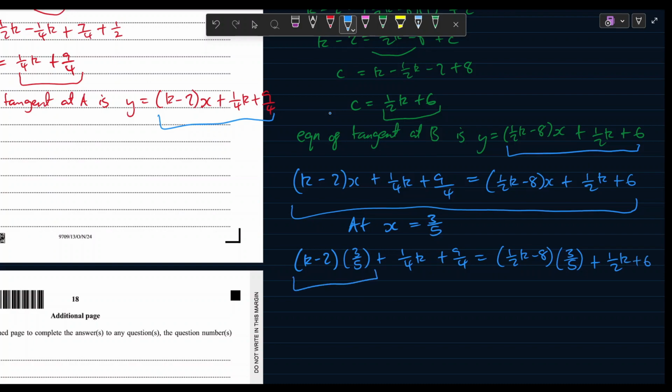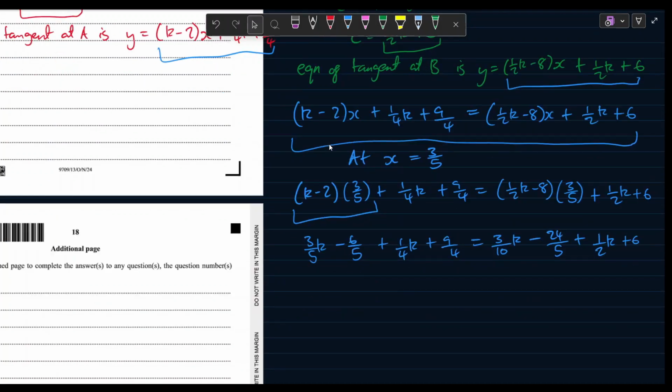Okay, let's expand this. That's going to be 3 over 5 k. Then 3 over 5 times -2, so -6 over 5, plus 1/4 k plus 9 over 4 is equal to 3 over 5 times half k, so that's 3 over 10 k, minus 8 times 3 over 5, so that's 24 over 5, plus half k plus 6.